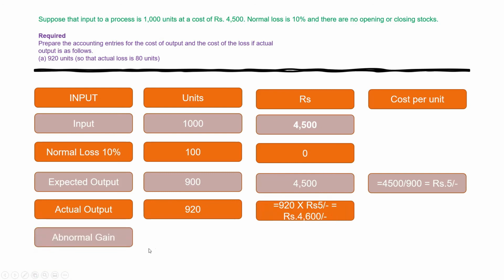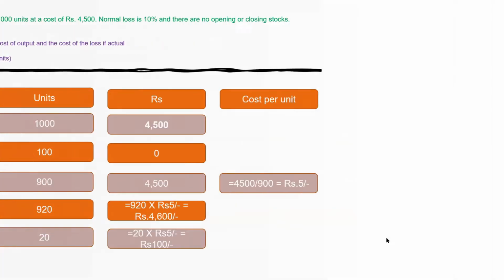Then we have an abnormal gain of 20, because we were expecting 900, but we had an actual output of 920. So we have an abnormal gain of 20. This 20 has to be allocated a cost, which is 20 times 5, which is 100 rupees.